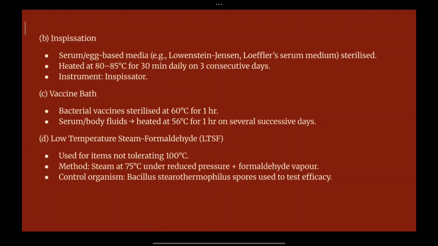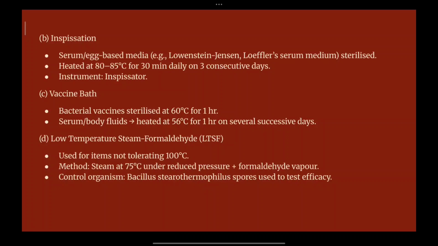In case the temperature is not tolerated by the material, there are chances of cracking or melting of the items used for sterilization. So glass material should tolerate about 100 degrees Celsius. So this method involves steam at 75 degrees Celsius, and at a reduced pressure, formaldehyde vapor is given. So there is a reduced pressure, 75 degrees Celsius, and formaldehyde vapor.